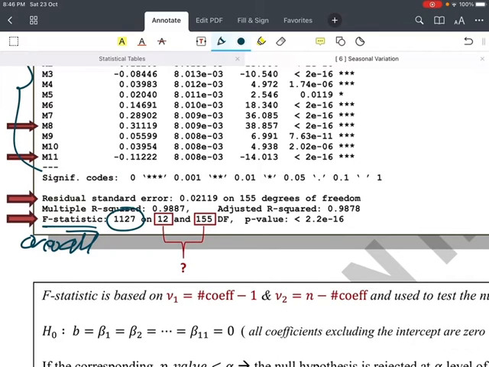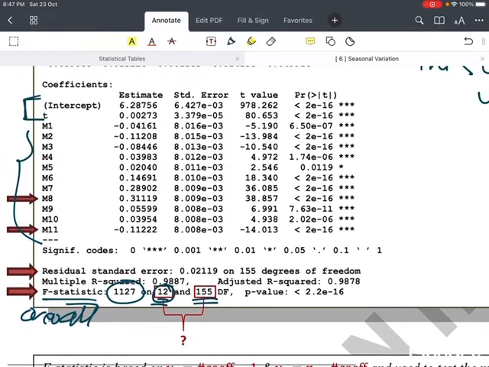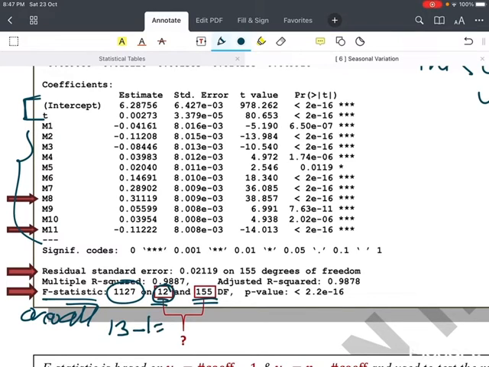So here 12 and 155. Why did we say this way? Because 12 is, how many coefficients do I have here? 11, 12, 13. Okay, then 13 minus 1 is 12. But 155 is n minus the number of coefficients. How? n is 168 minus the number of coefficients, which is 13.